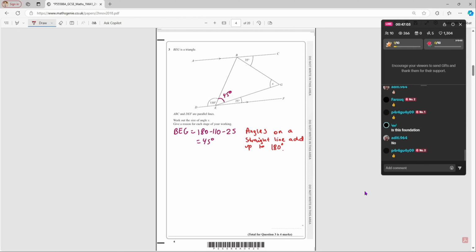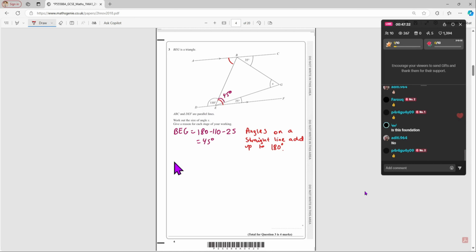So if you know the rule of co-interior angles or alternate angles, you can work out angle ABE, this angle over here. We know that alternate angles are equal. This angle over here is alternate to this angle. So we can work it out. Or what else you can do is that these 2 angles are co-interior to each other. But I think the alternate angle rule will work.